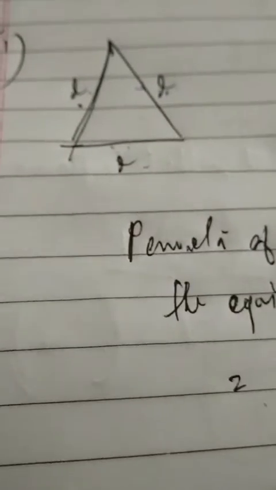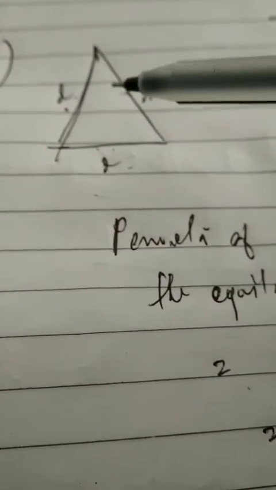This 3L is only applicable for an equilateral triangle, because we know that an equilateral triangle has all three sides equal. So children, the perimeter was 3L.